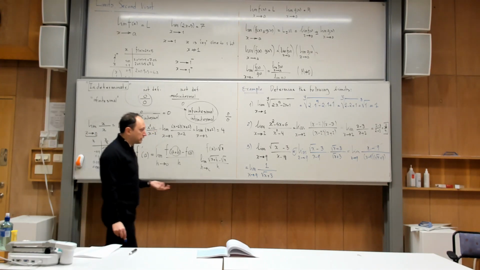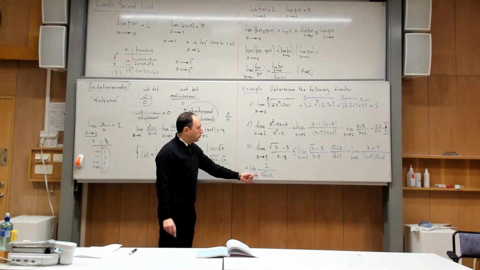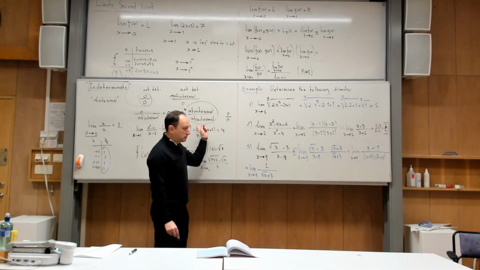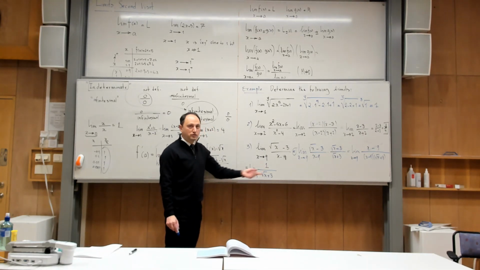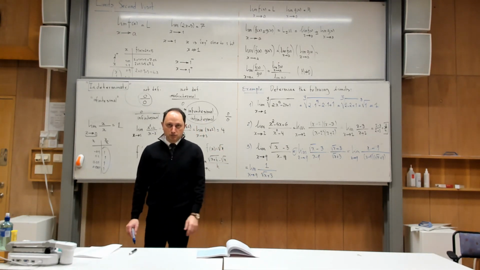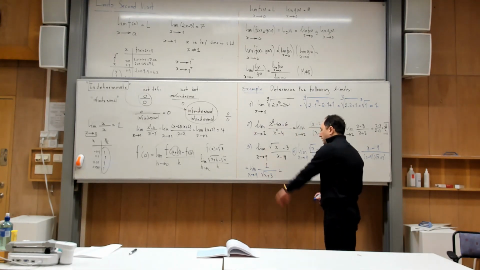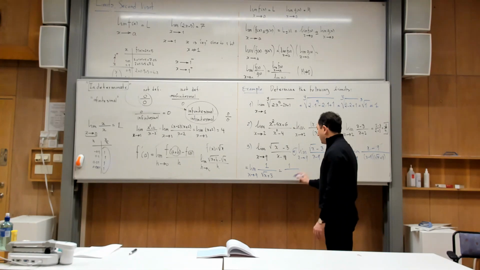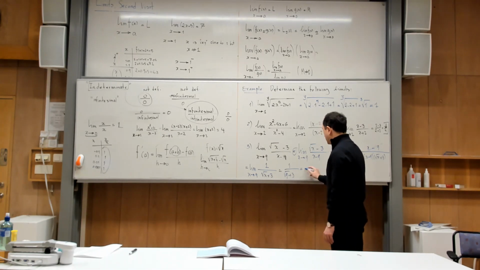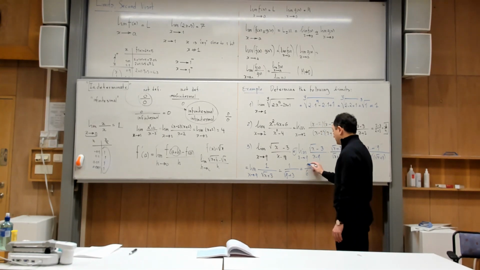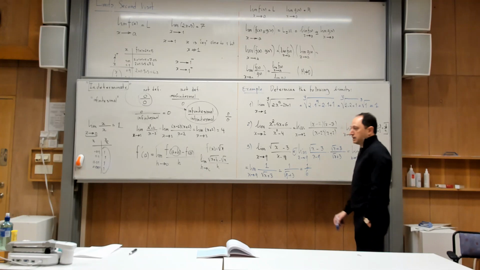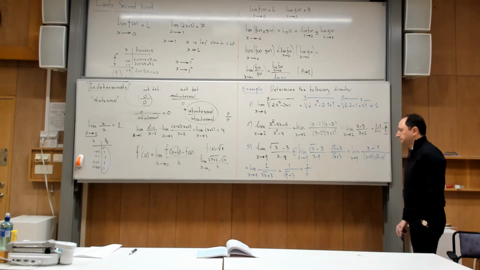And now hopefully this limit is no longer indeterminate. And that is so, because the numerator is 1, so it is not infinitesimal. So at this stage you don't need to worry, you just plug the number in. The numerator is 1, the denominator becomes the square root of 9 plus 3. But the square root of 9 is 3, plus 3 is 6, so the denominator becomes 6, and the numerator is 1. So it becomes 1 over 6.